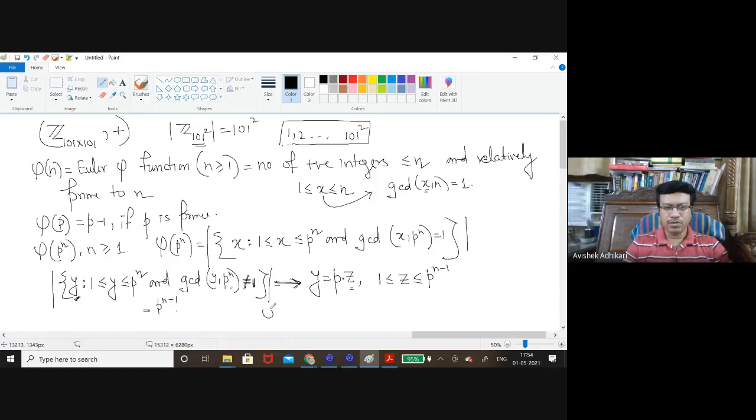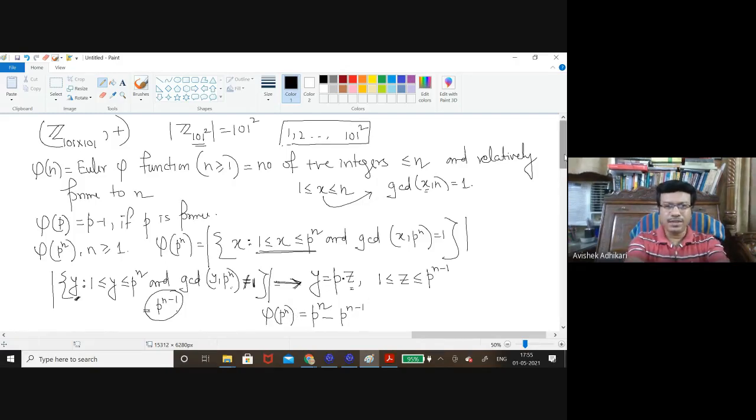Initially you had a total of p to the power n integers, out of which these are not relatively prime. So how many are relatively prime? That is p to the power n minus p to the power n minus 1. So this is the value of phi of p to the power n.